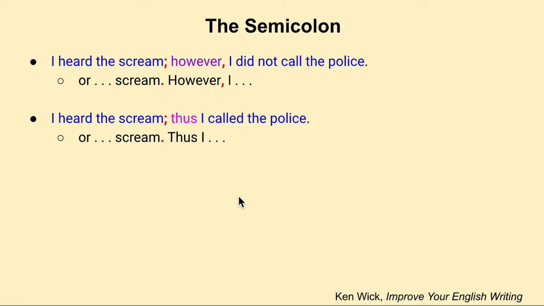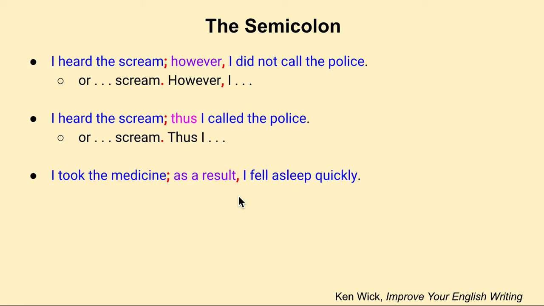So let's look at an example with a transitional expression. I took the medicine; as a result, I fell asleep. Once again, the rule is you have two independent clauses joined with a transitional expression. The transitional expression is as a result.